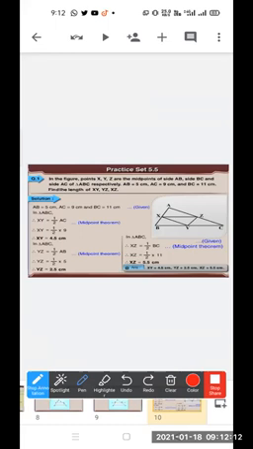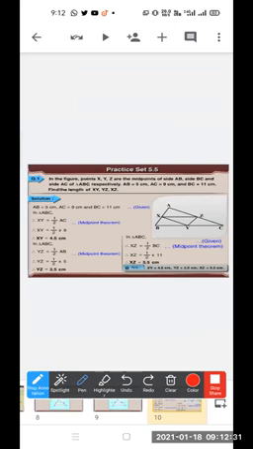Let us solve the question. Solution: first of all, write down what is given. AB is 5 centimeters, AC is 9 centimeters, and BC is 11 centimeters. How to solve it?